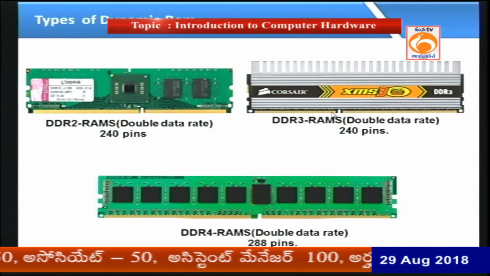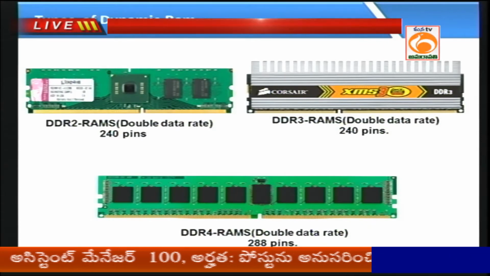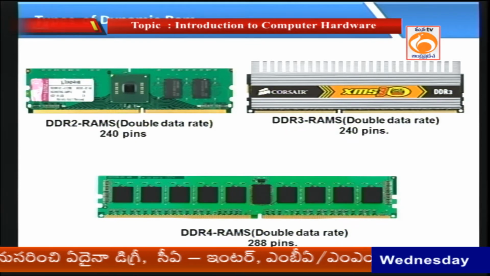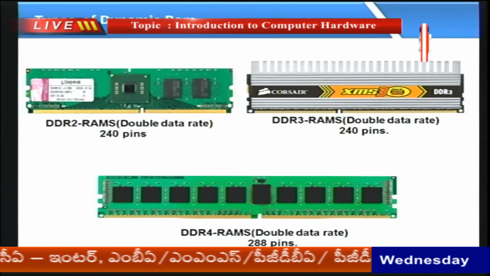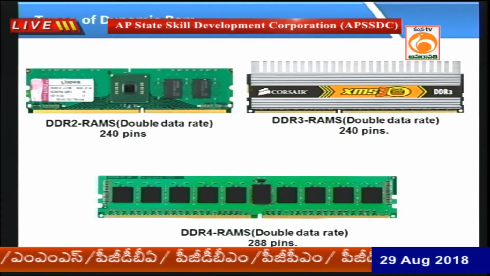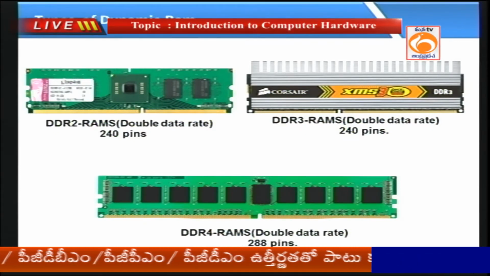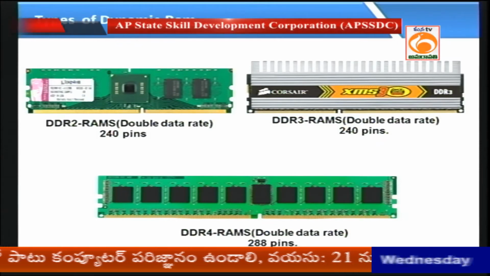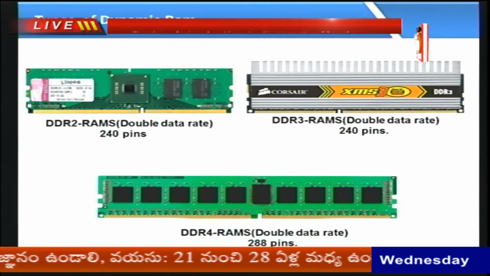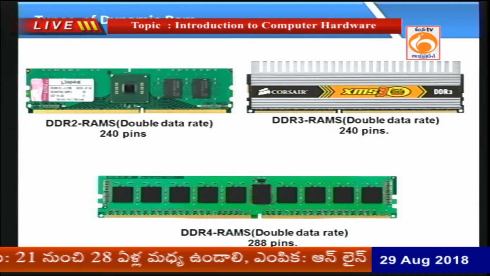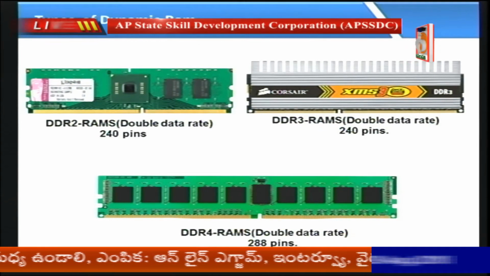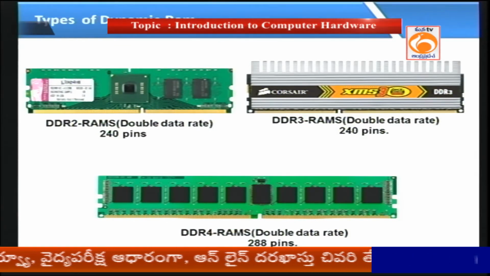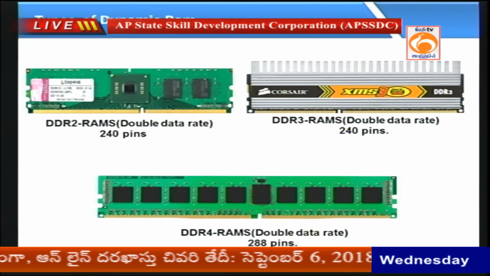But in order to identify the type of dynamic RAM used in a computer, we need to remove the back panel of the CPU box, remove or unlock the dynamic RAM and compare the notch location. If the notch is located slightly right side, the type of dynamic RAM is called DDR1. DDR2 notch location is almost middle. DDR3 notch location is slightly left side. These are the differences between DDR1, DDR2, DDR3.